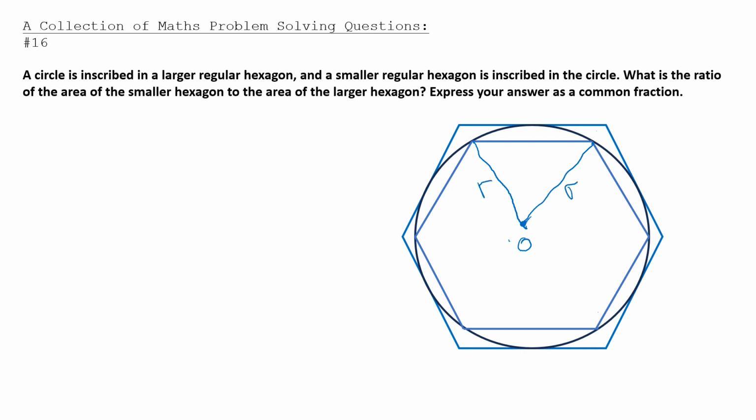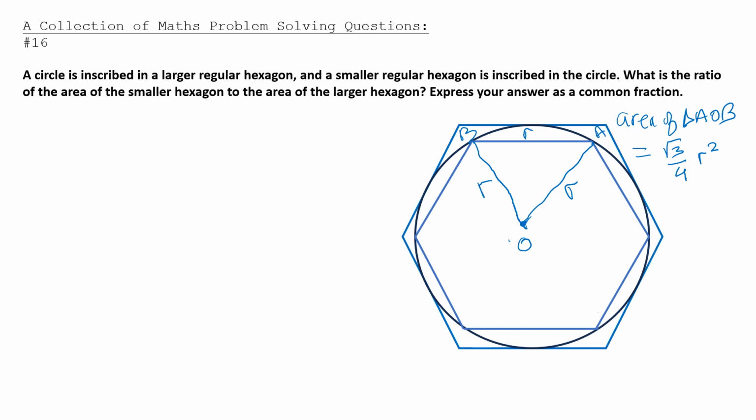So if I name these A and B, OA and OB are the radius of the circle, and so AB, being an equilateral triangle AOB, would also be R. So the area of triangle AOB would equal root 3 out of 4 times R square.